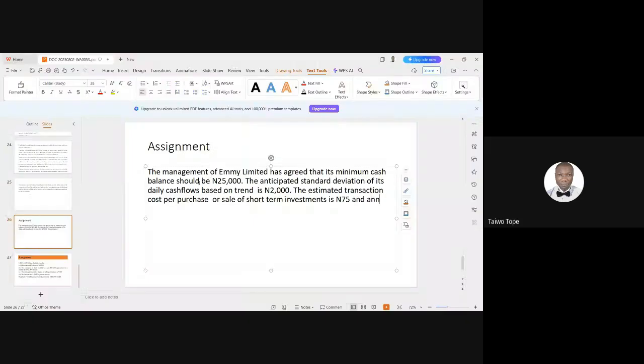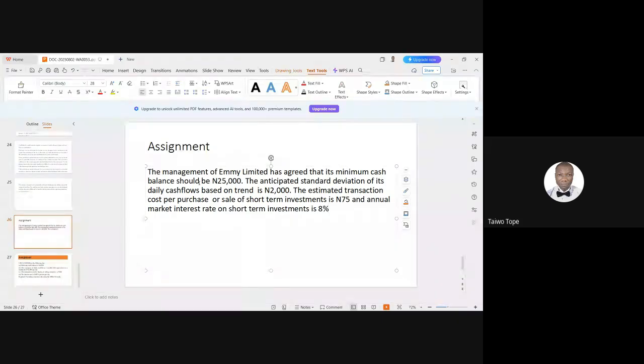And annual market interest rates on short-term investments is 8%.